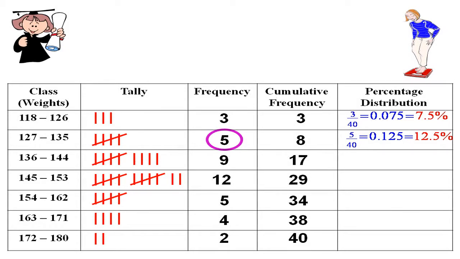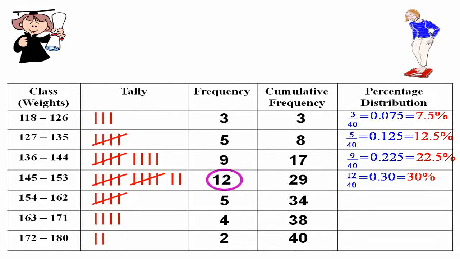Forget about this 9. This one right here. What is it? 9 divided by 40, and then you multiply by 100 or move the decimal place over, you get your percentage distribution, right? What about the next one?